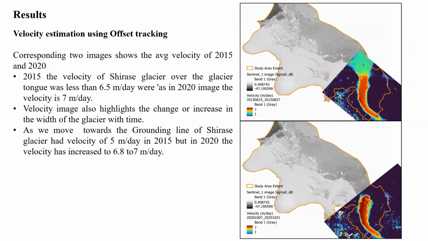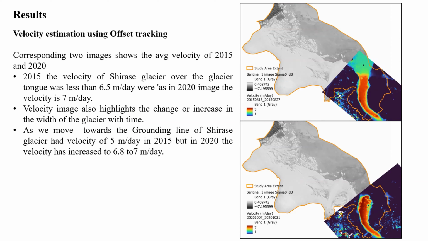Here we studied the velocity of Shirase Glacier: with time there is an increase in the length of the glacier, but is there any increase in the velocity pattern of the glacier from the starting point of the glacier to the grounding point?